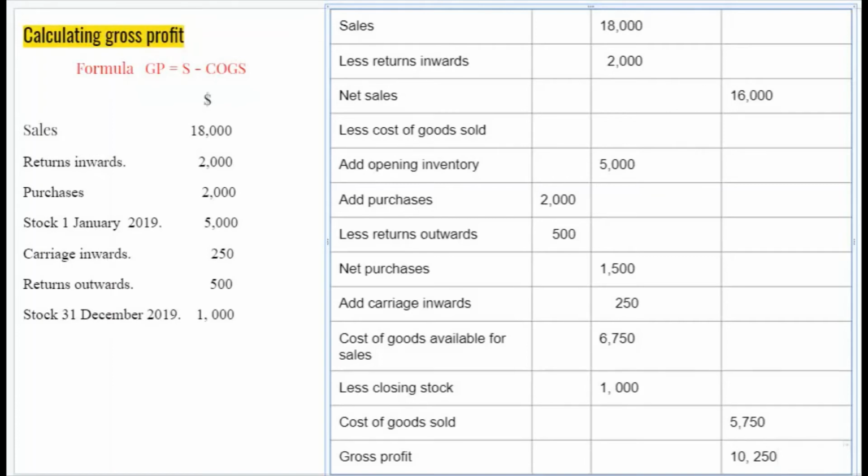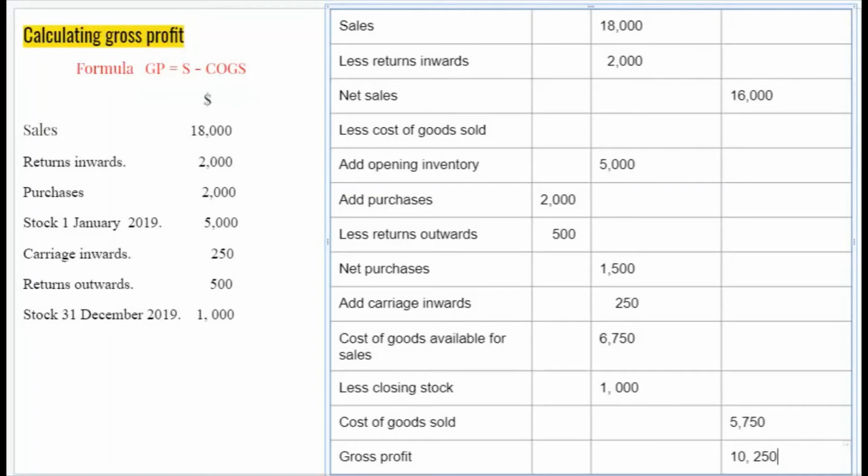To find your cost of goods sold, guys, all you need to ask yourself is 5 simple questions. First one, did I start with any stock? Question number 2, did I purchase any additional? Question number 3, did I return any of the items bought? Question number 4, did I pay to carry the items into the business? That's carriage inwards, you will add.